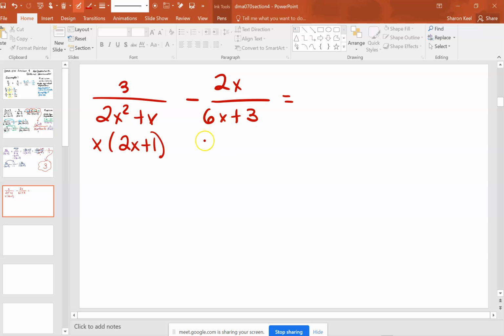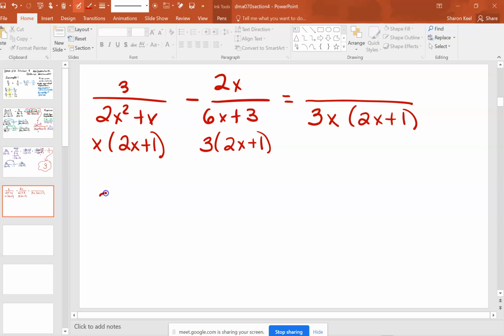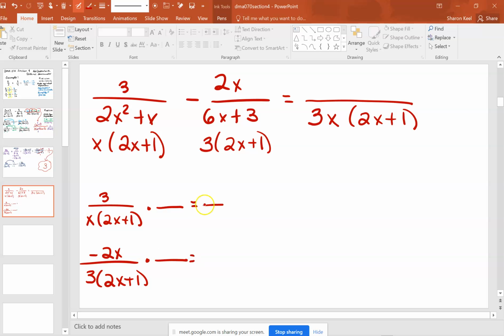On this side, I can factor out a 3, and that leaves me with 2 and 1. My least common multiple has to have a 3 and an x and the parenthesis 2x plus 1. So for each of these, I now need to come up with my new numerators. Each of these are going to be multiplied by a value of 1 to get the least common denominator.